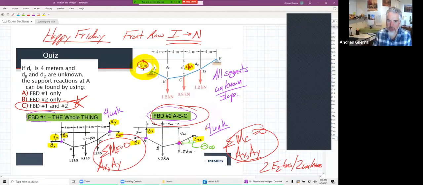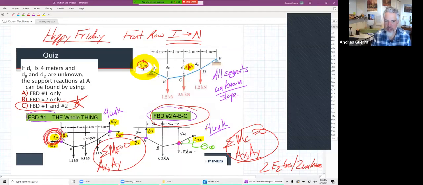So when you run into a situation like this, we'll still take our same approach of finding an FBD by looking through all of our potential options. We have lots of potential options for these problems, but we can do it intelligently. The intelligent part means picking an FBD that cuts through a known slope. Or if we don't have a known slope, in this case, we picked FBDs that had known distances.